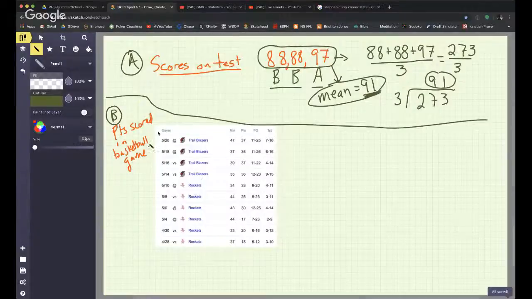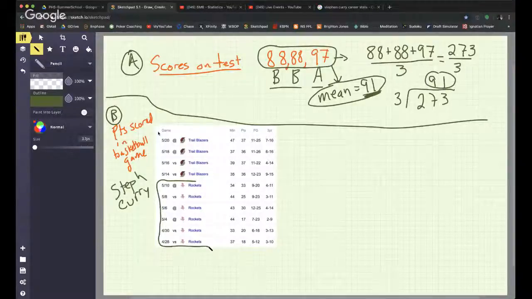So we notice here, this is actually Steph Curry. I took this example off of the web. Let's see what his average was in the games they played against the Houston Rockets in the 2019 playoffs.